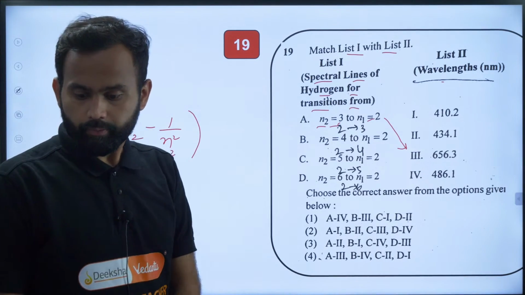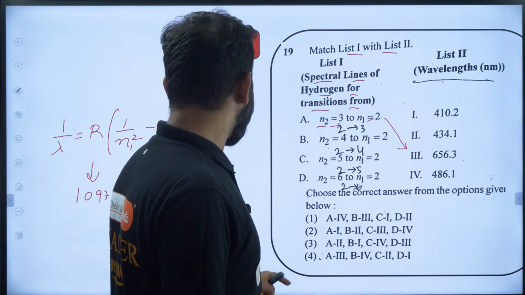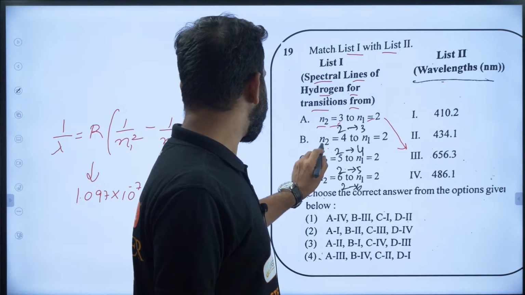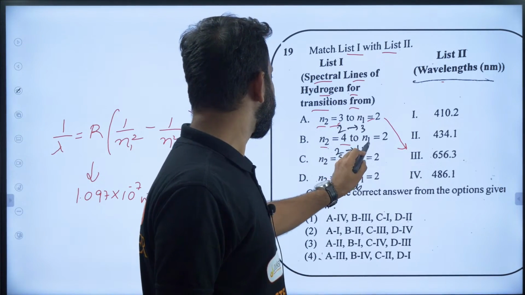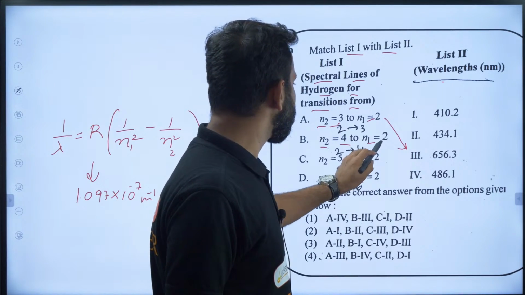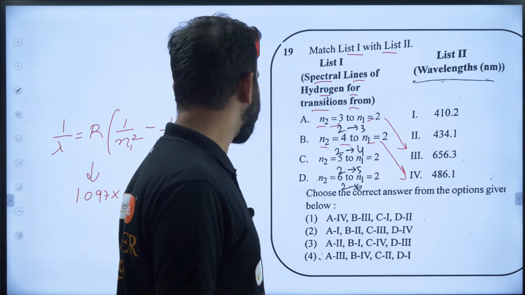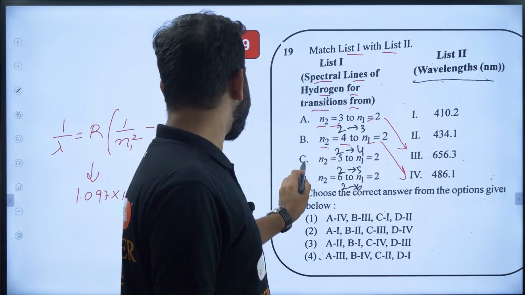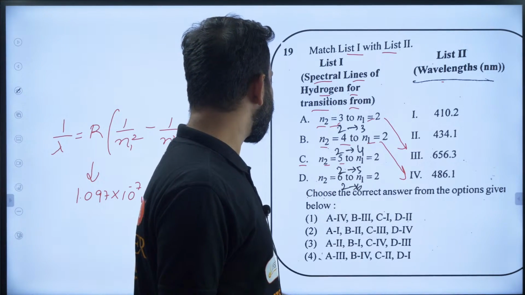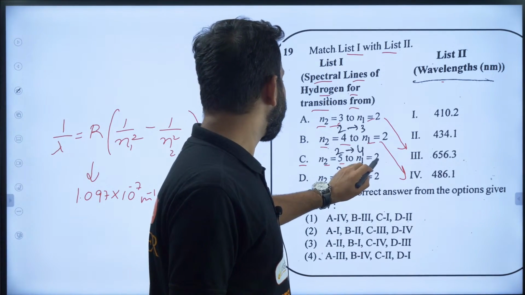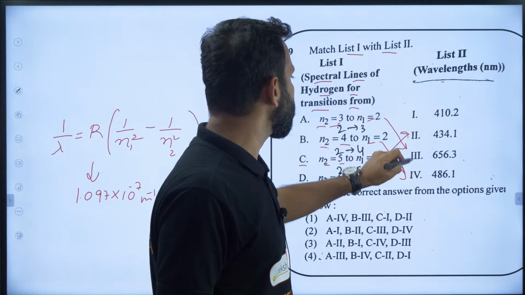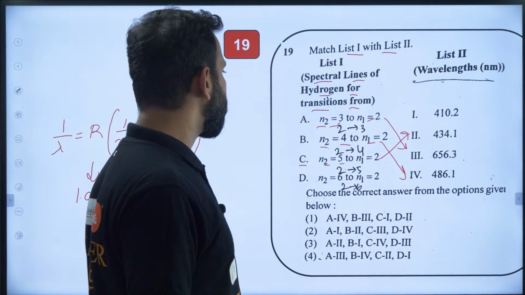And then the second one, B, n2 equal to 4 to n1 equal to 2. So here B matches with the 4. Then the third one, n2 equal to 5 to n1 equal to 2. Here C matches with the second one, 434.1 nanometer.